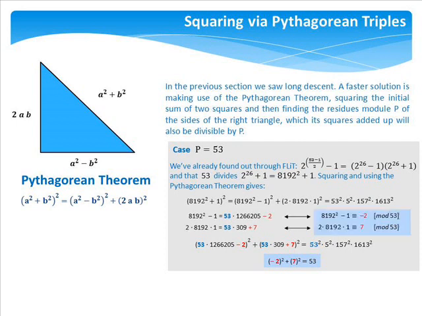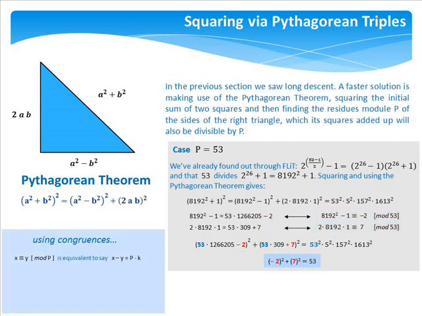It's time to switch from expressing things in the form p times q (q for quotient) plus or minus r (r for residue), and start using congruences, as they simplify calculations. So saying x is congruent to y modulo p is equivalent to saying x minus y equals p times k.